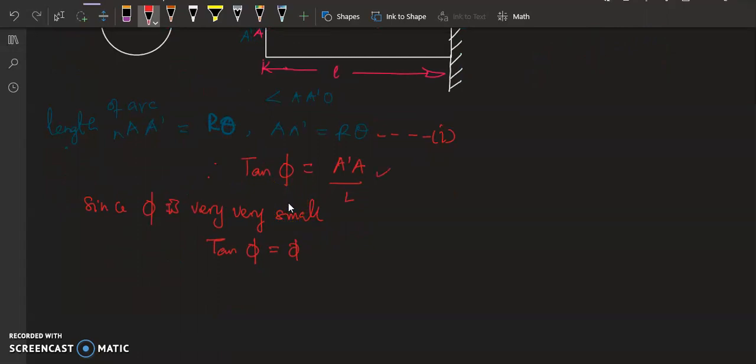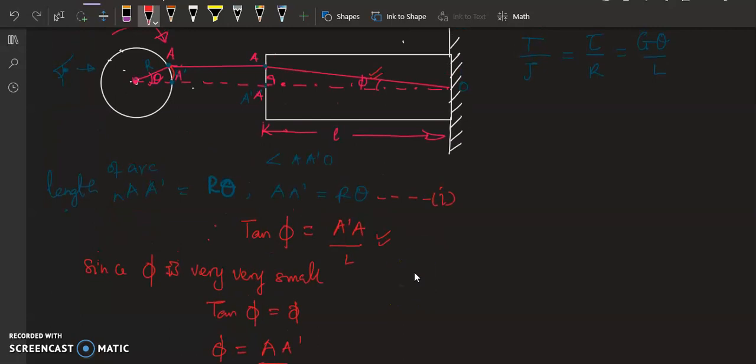So this equation here will be phi is equal to A A prime over L. So that is how it will narrow down. But one thing we know is that this angle phi is equivalent to what we call shear strain.